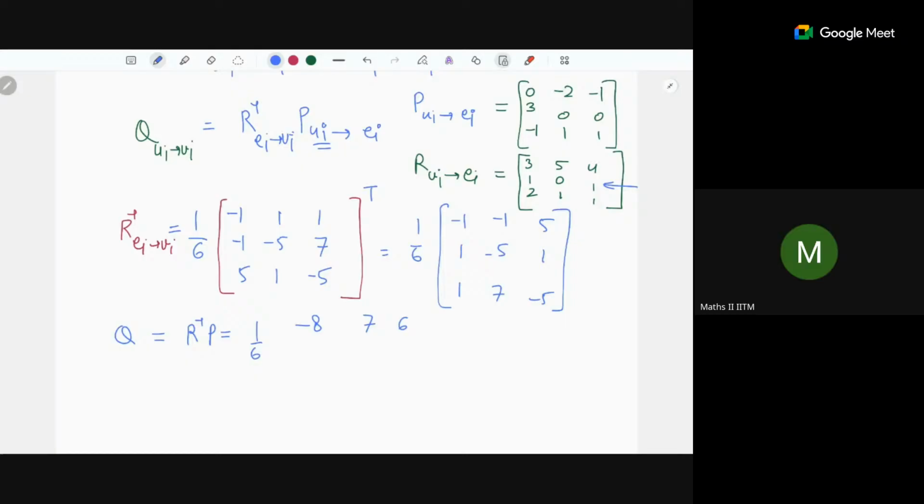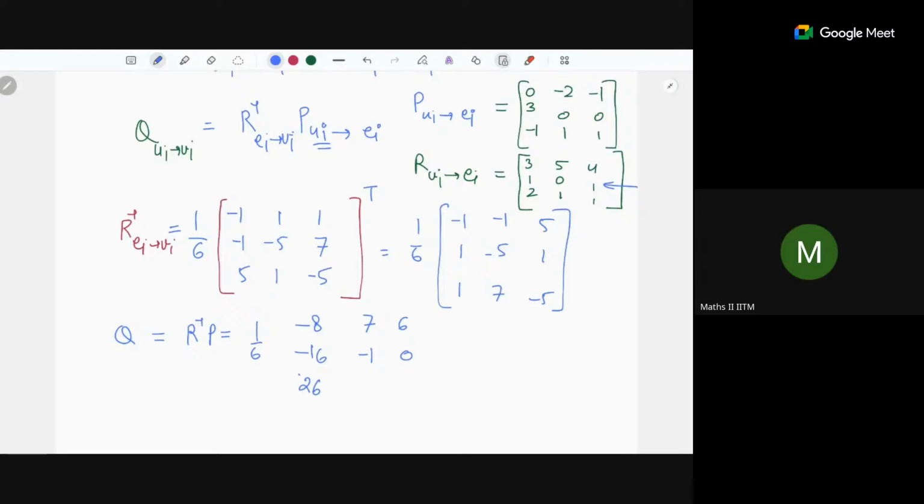Minus 15 minus 16. Then minus 2 plus 1, minus 1, minus 1 plus 1, 21 plus 5, 26.